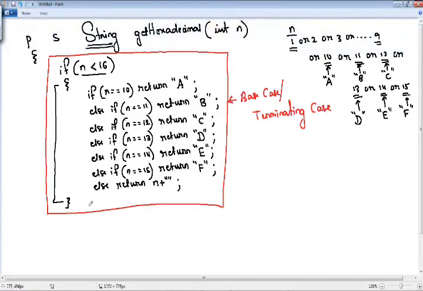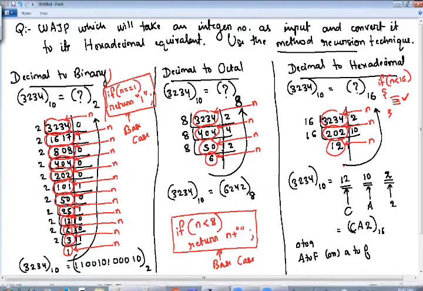Clear? Now listen. Else, what has to be returned? If n is not less than 16, this process continues. In the second step, how to get 202?